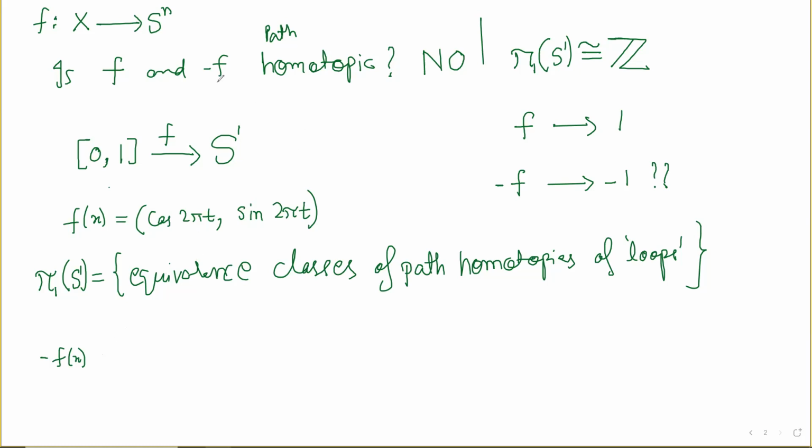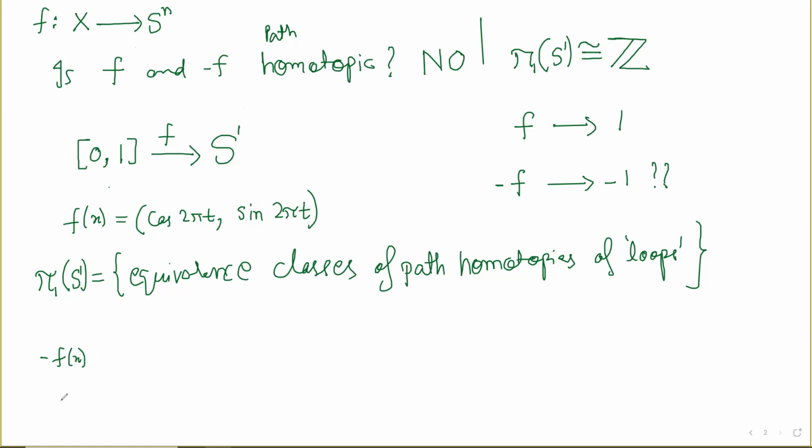Sorry. So this minus f does not even start from the same point. So for path homotopy the answer is no, because they have different endpoints to begin with, right?